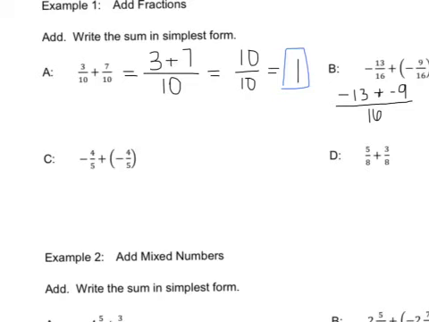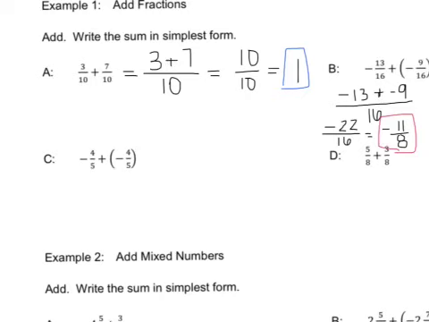Negative 13 plus negative 9 is negative 22 over 16. Need to do some reducing. Both of those can be divided by 2. So we end up with negative 11 over 8, and that's our final answer. Remember, improper fractions are fine as long as they're reduced.